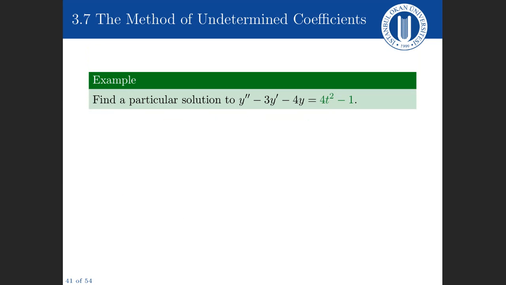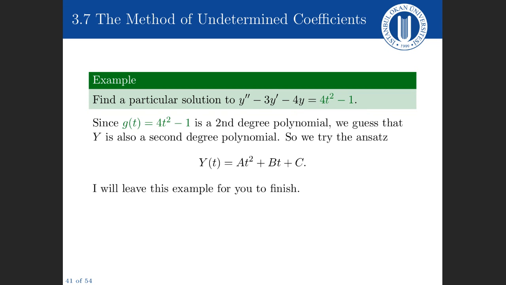Another one. Find a particular solution to y double prime minus 3y prime minus 4y is equal to 4t squared minus 1. We're going to look at the forcing function and we're going to make a guess. The function is a second degree polynomial.